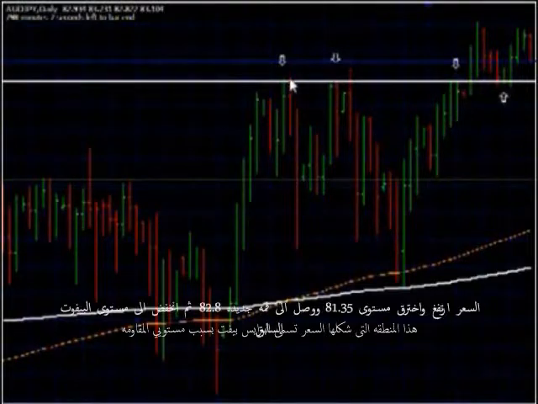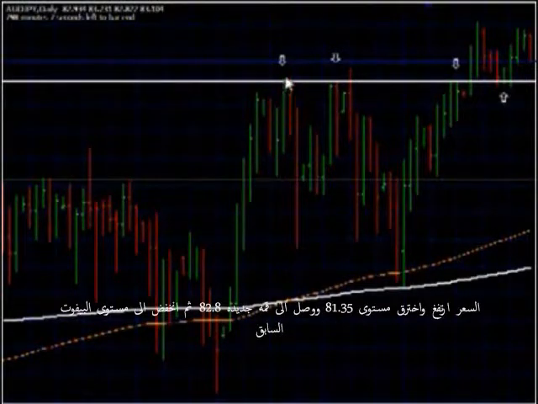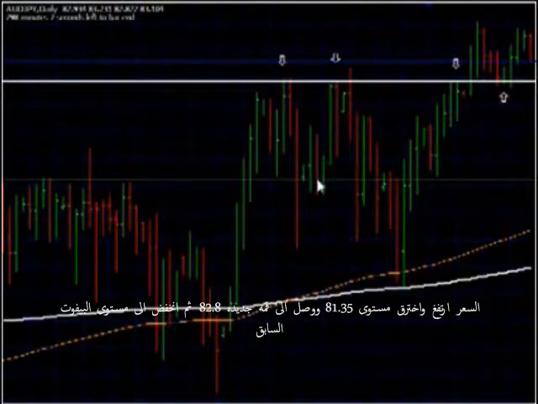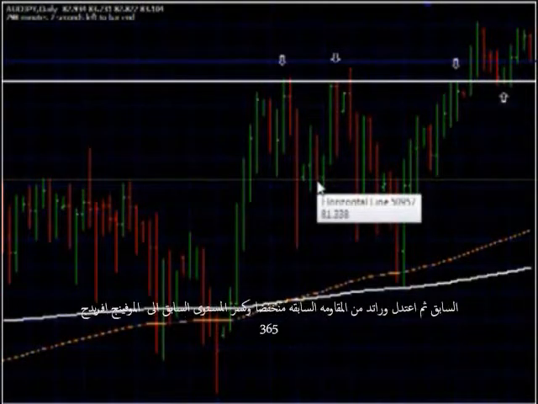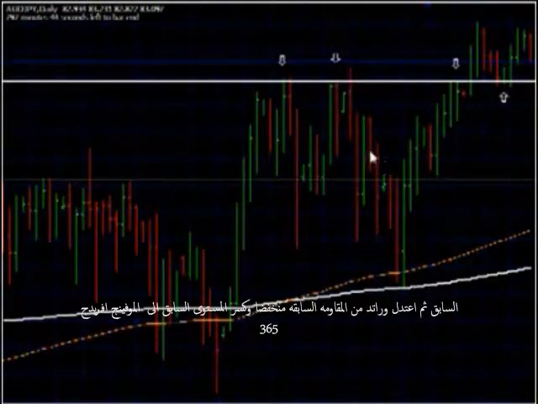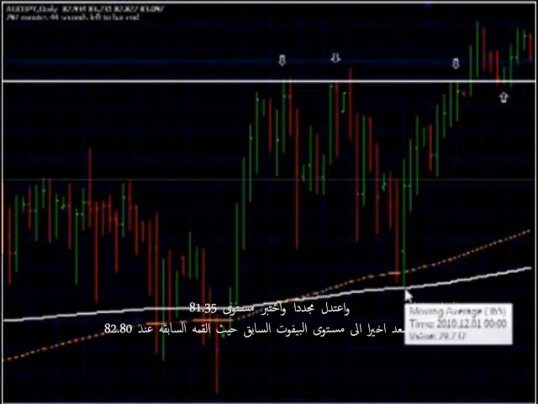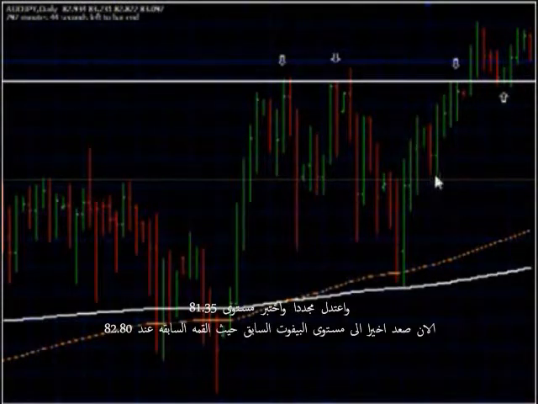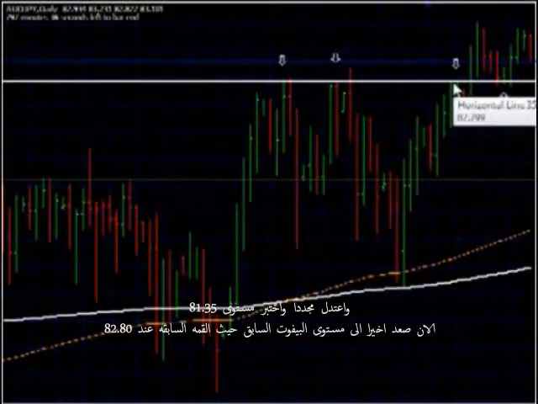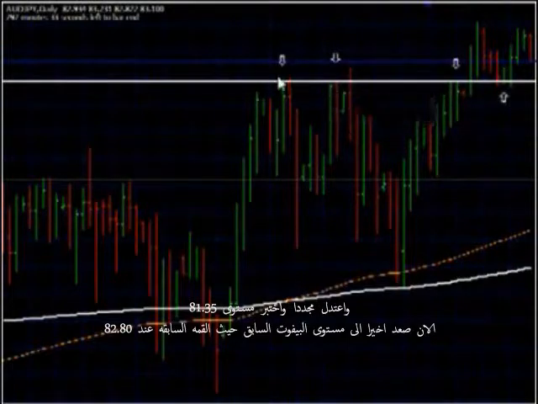Price moves up, breaks the 81.35, reaches a new high at 82.8, comes back down, and back tests the previous price pivot. It goes back up, gets rejected by the previous high, comes back down, breaks through, touches the 365, goes back up, back tests the 81.35, and now moves up to the previous high at the 82.8.